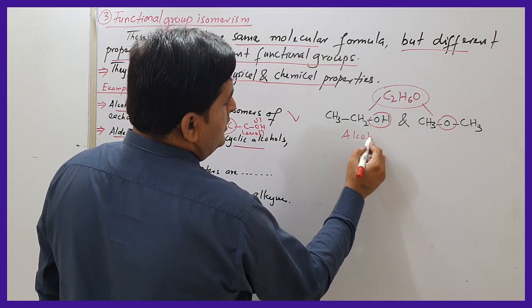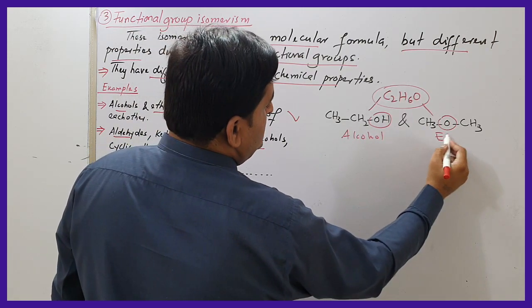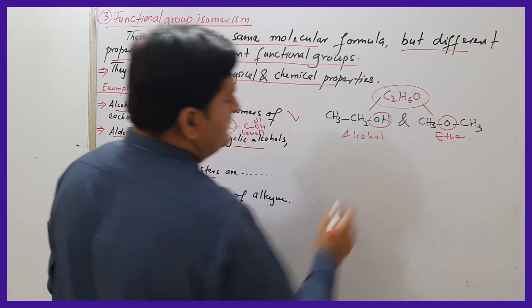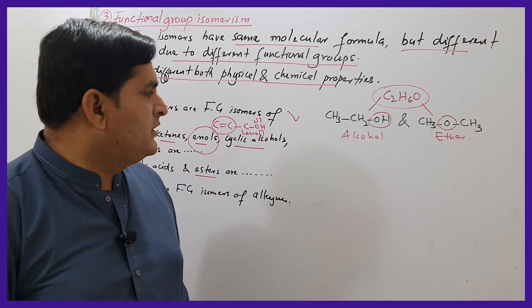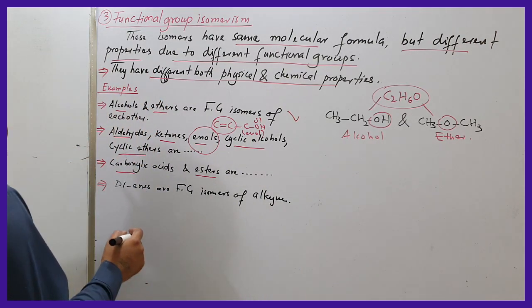This is an alcohol, this is an ether. So due to different functional groups, they have different sets of physical and chemical properties.